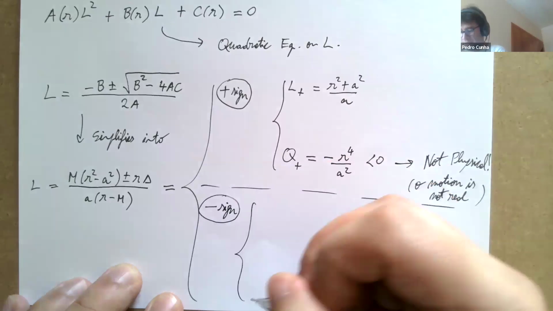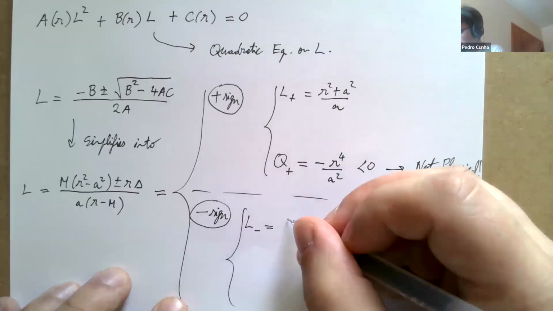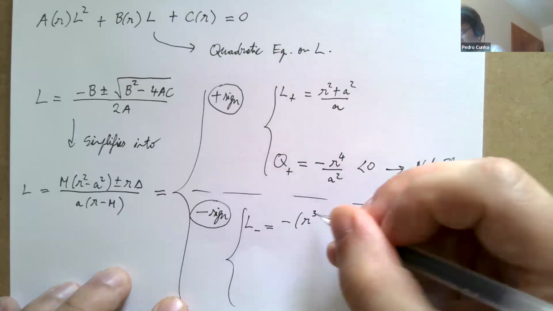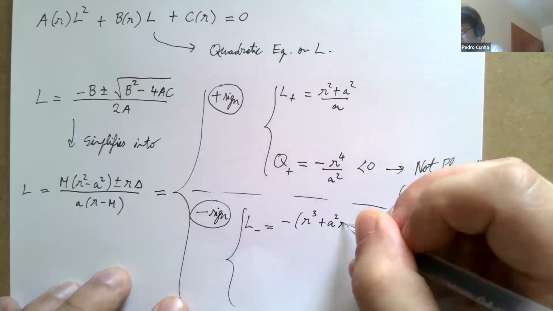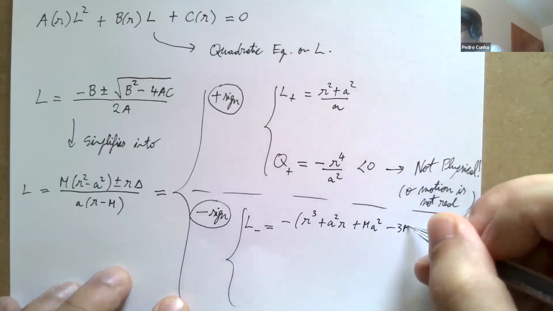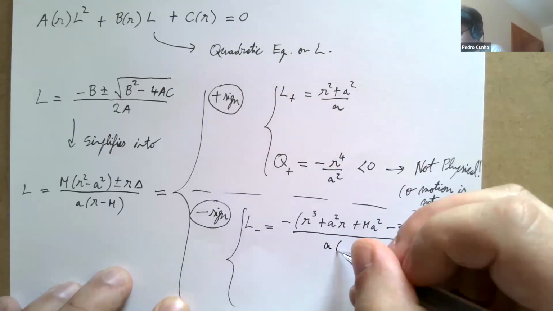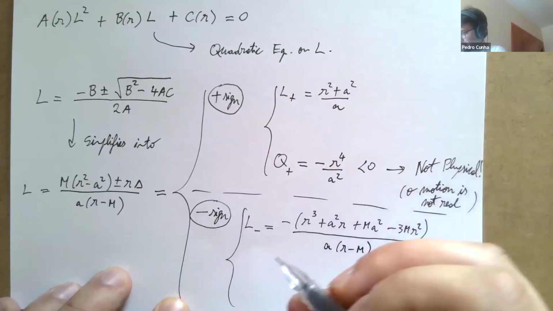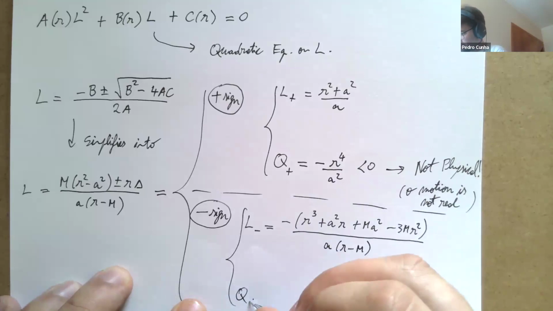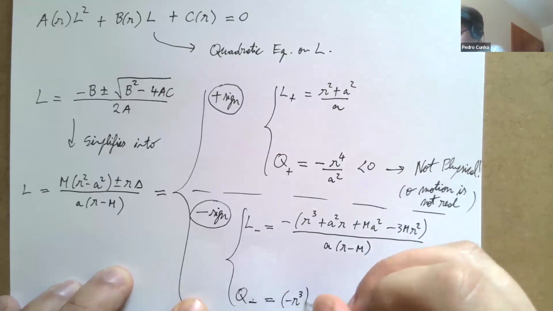you get something a little bit longer, but L minus will be minus r cubed plus a squared r plus m a squared minus 3mr squared, over a times r minus m. And for the Carter constant, we have Q minus.